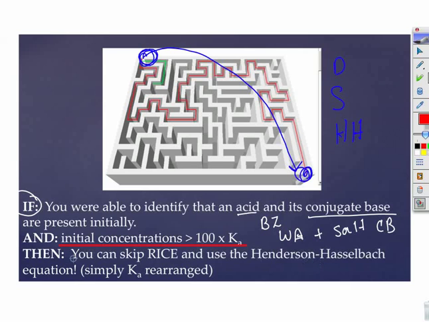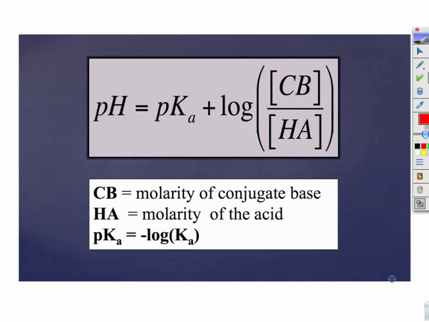So if those are both true, you can skip RICE and use this Henderson-Hasselbalch equation, which is really just your Ka rearranged. pH is equal to pKa. That little p just says take minus the log of, so that's minus the log of your Ka. That's important to know because some tables report pKa values instead of Ka values, plus the log of your conjugate base over your original acid.